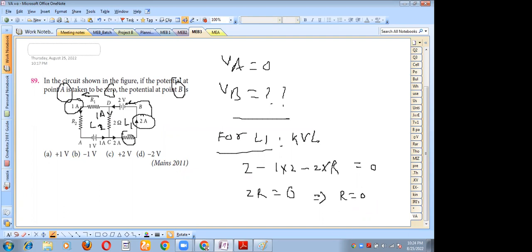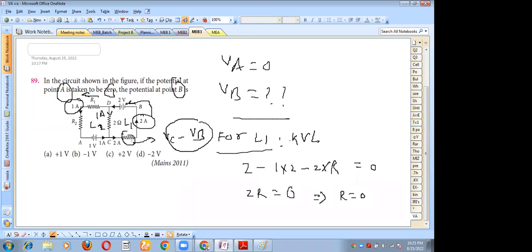We don't know the potential. Since we don't know the resistance R, it's better to write this potential difference. Potential difference across the resistors we don't know. So for that, you can write the potential difference as Vc minus Vb, right?